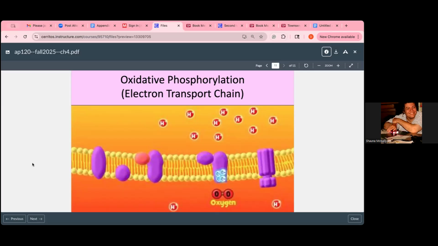These are the enzyme pockets that allow it to cross, and the electrons go across because they can't cross the membrane by themselves. And you get a lot of positively charged hydrogen. Okay. So that's where that's coming from.